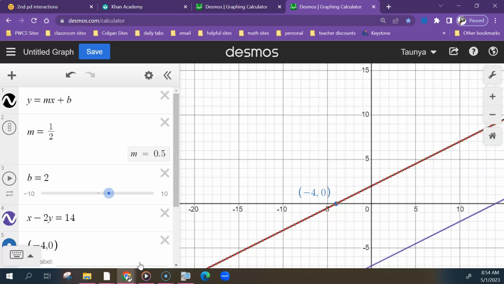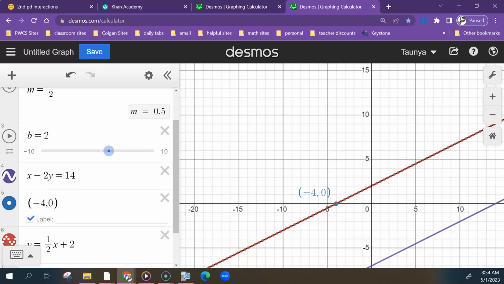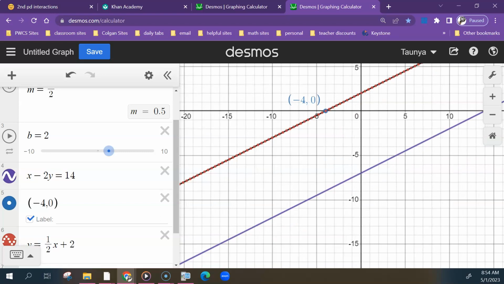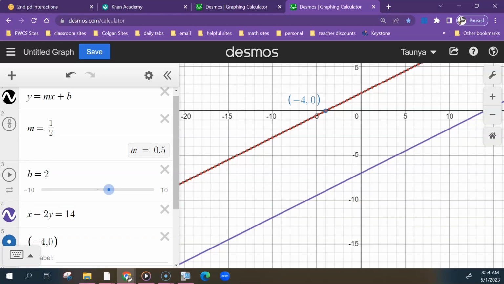This is parallel to the given equation, so I put in the equation, put in the ordered pair, and I'm looking at the original to see what my slope is. It looks like it's up 1, right 2. So I can change my slope value to 1/2 since it has to be the same.